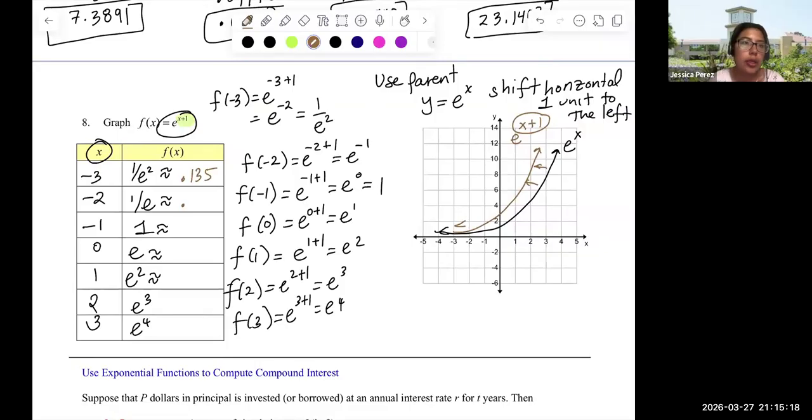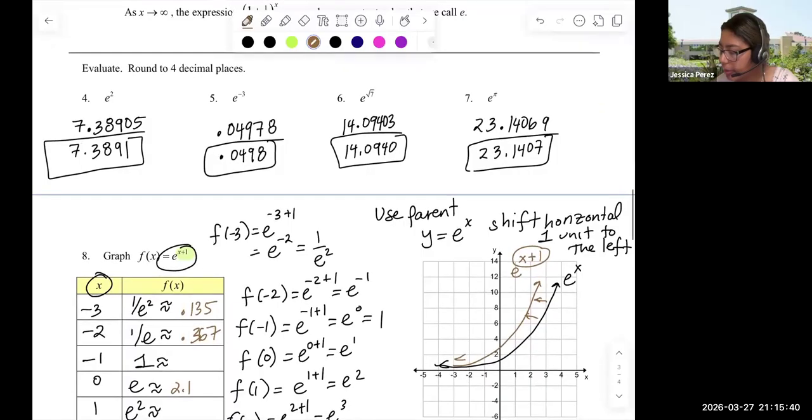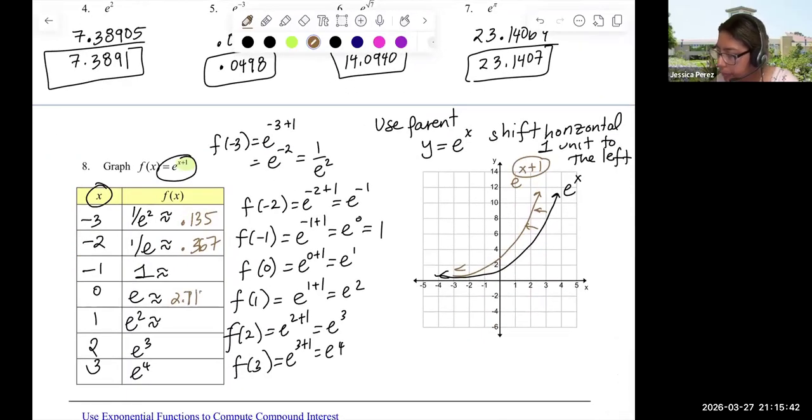And then 1 over e is 0.367. And then I have just 1. And then I have e, which is 2.718. And then e squared is going to be 7.389.